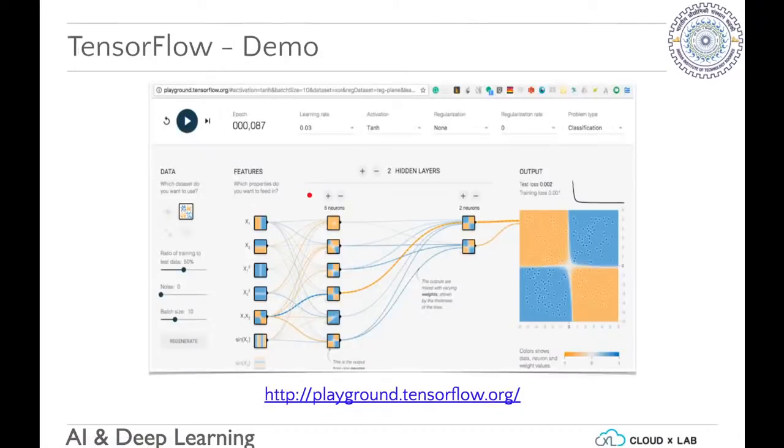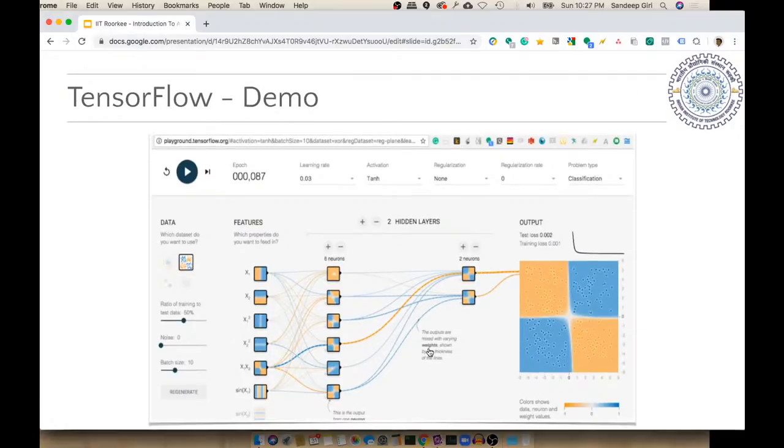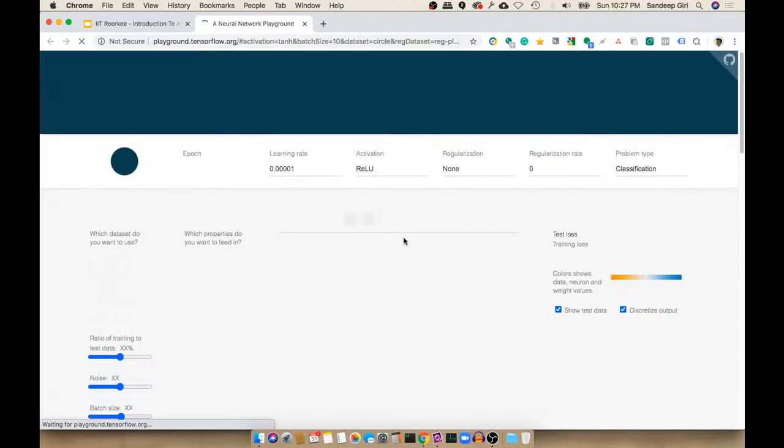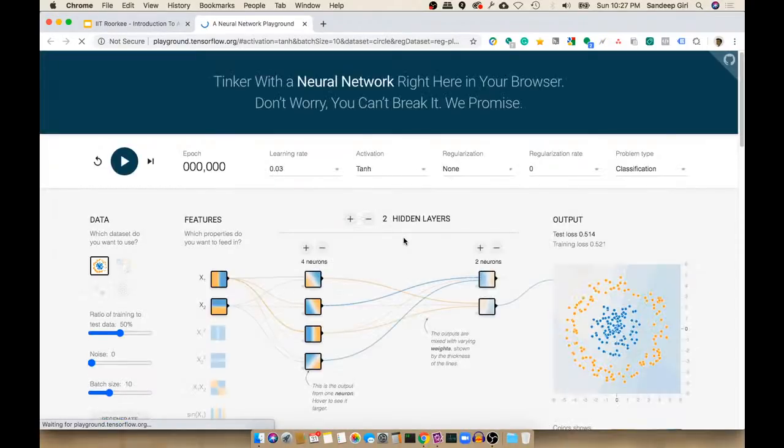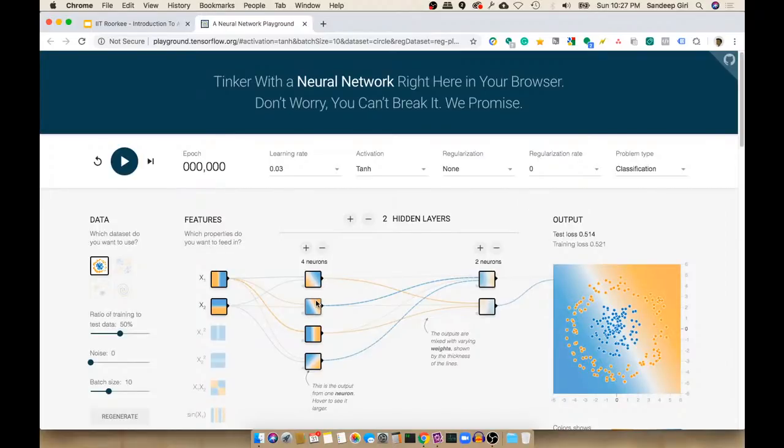The other example that you might want to go through is the TensorFlow playground. Right? So here there is an input layer and there is a neuron. So you can do an experiment with it.